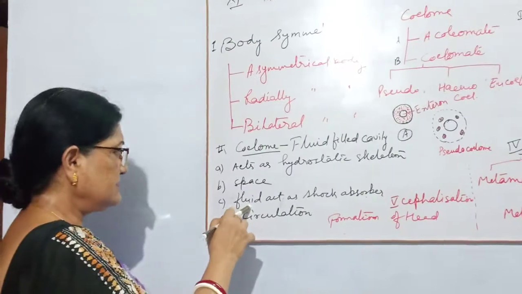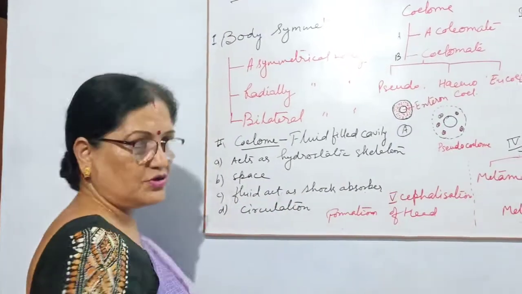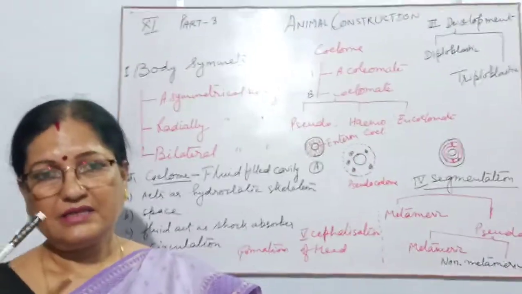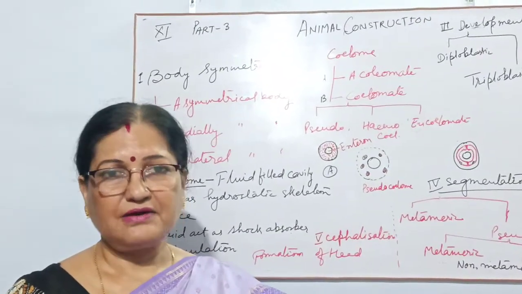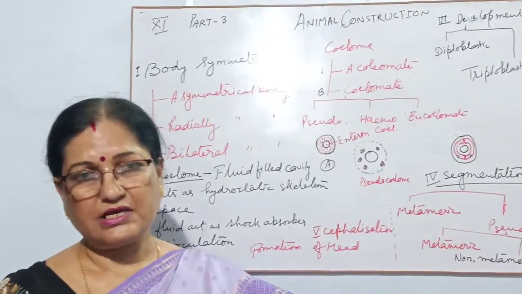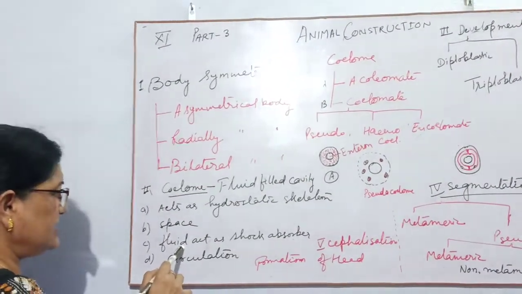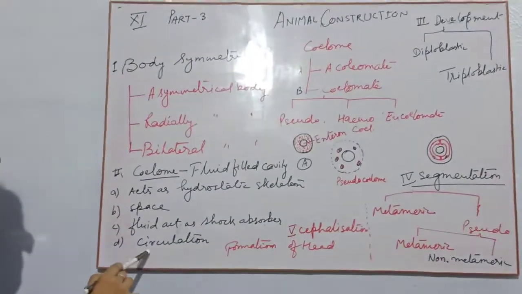Then third importance, the fluid acts as a shock absorber. As children we know that in each and every organ there is a fluid to avoid the friction between two layers or three layers of it. So coelom also acts like a shock absorber. Then fourth function, that is circulation.